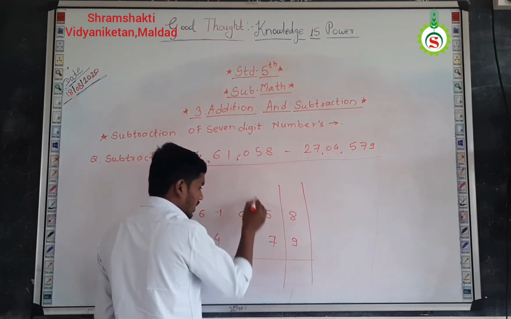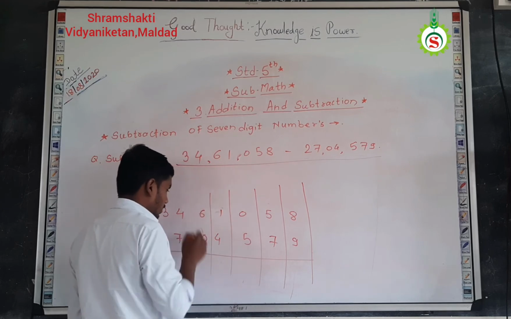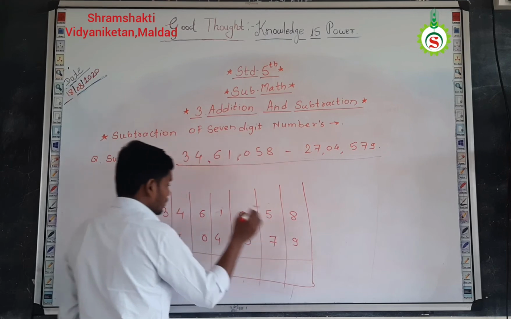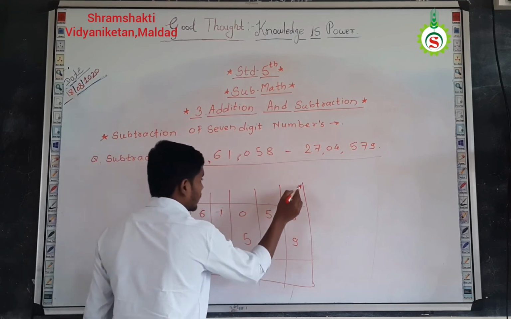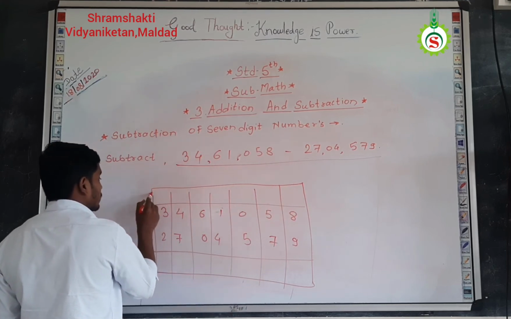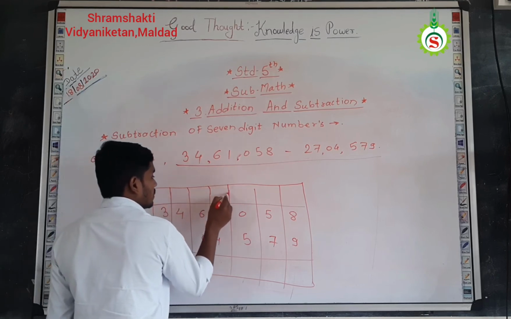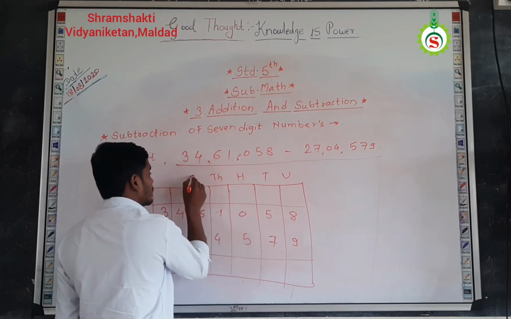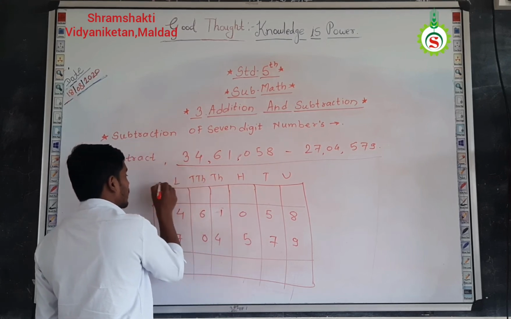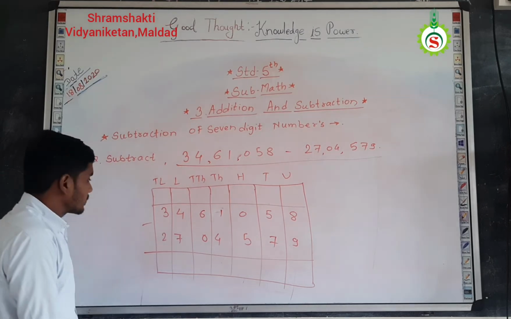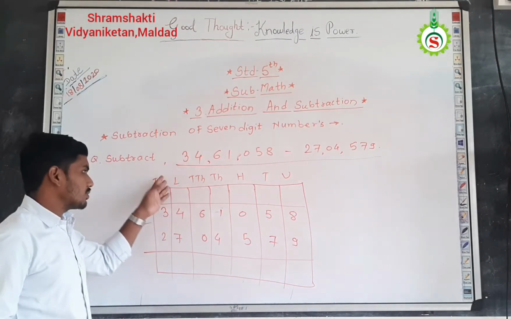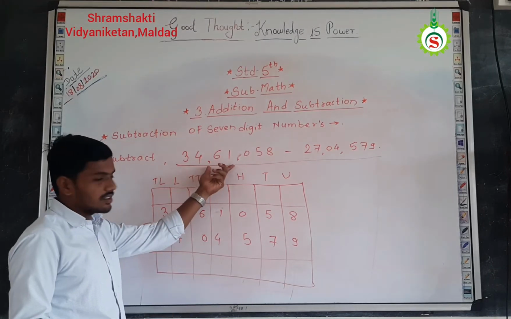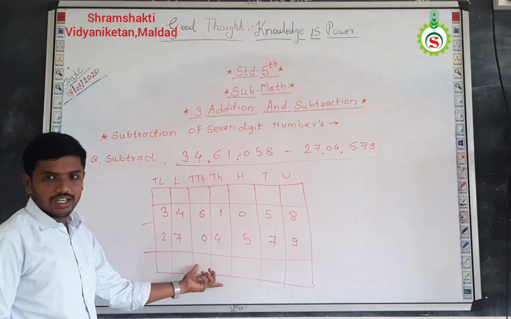Now if there are 7 digits, I have to make 7 columns. And if you want to write the places, you can write here unit, tens, hundreds, thousands, ten thousands, lakh, and ten lakh. Both the numbers have 7 digits. That means that is a subtraction of 7-digit numbers. So I have arranged the given example in vertical form.